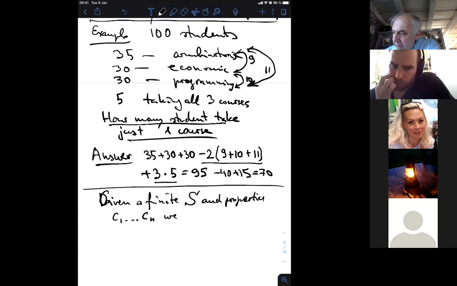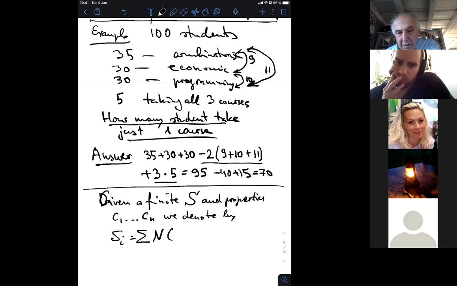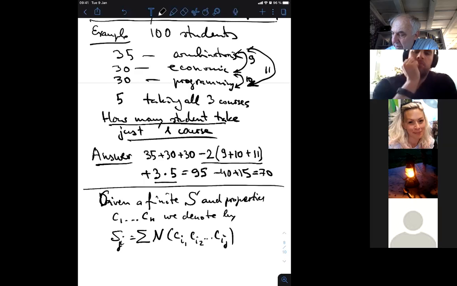We denote, as before, by Sj the sum of cardinalities of sets where we're satisfying j conditions, Ci1, Ci2, through Cij, over all index sets i1 through ij.